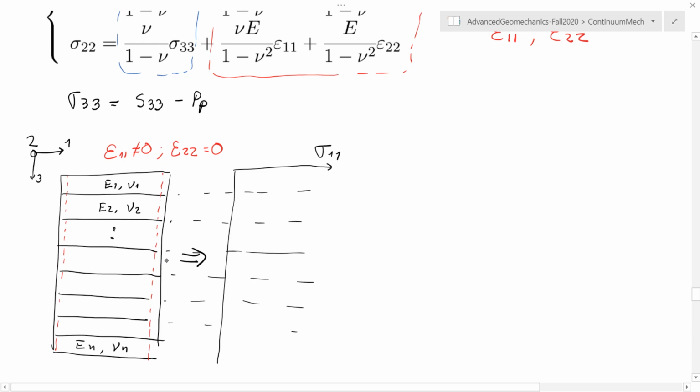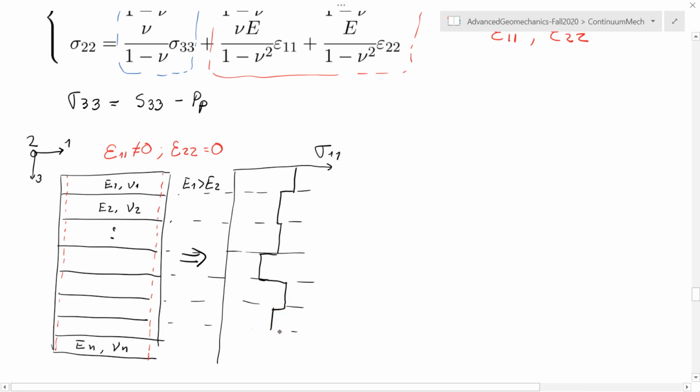So let's imagine that Young modulus 1 is larger than the Young modulus of 2, then I would expect to have something like this. And as my layers' stiffness changes, the corresponding stress is also going to change.